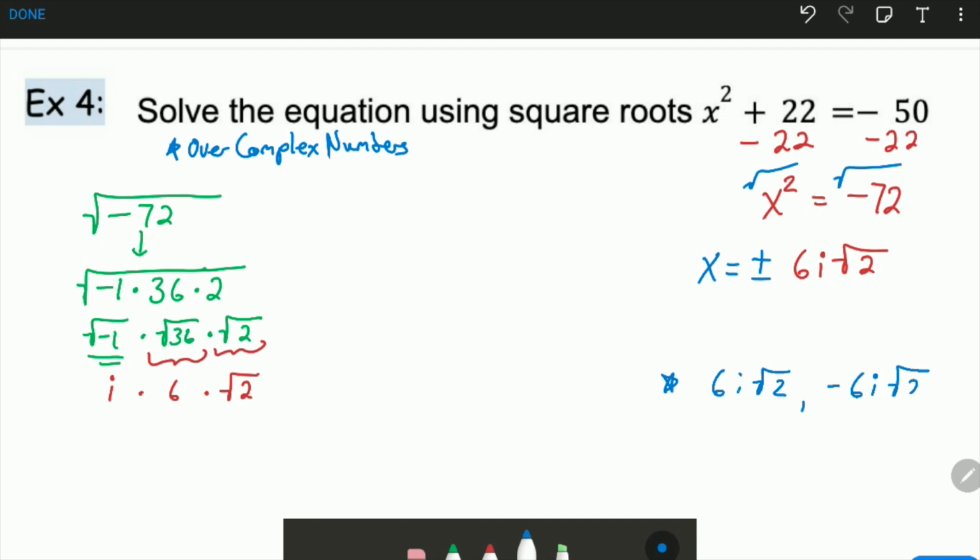In some cases, you may see textbooks, some answer keys, and some different resources write it with the i after the radical, like this.